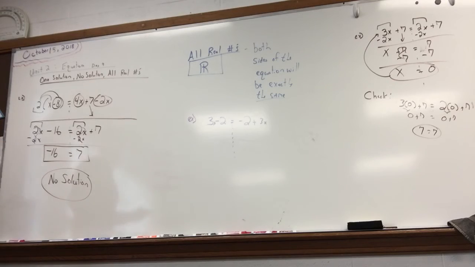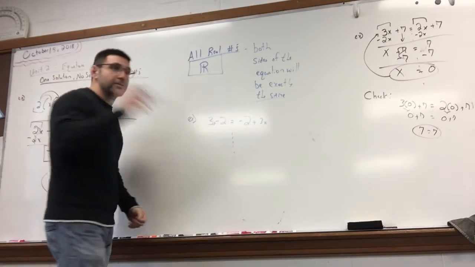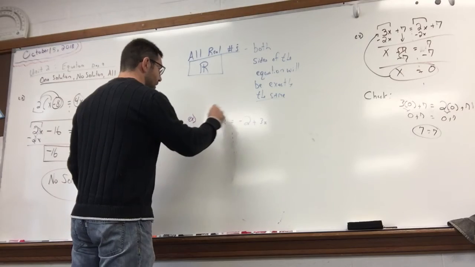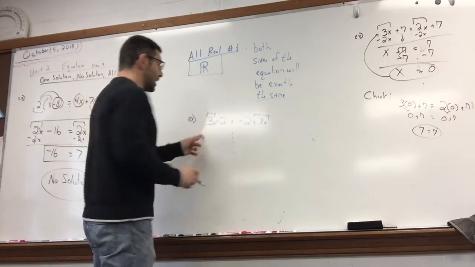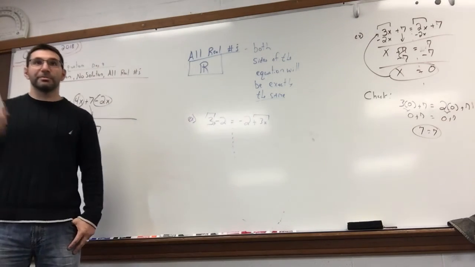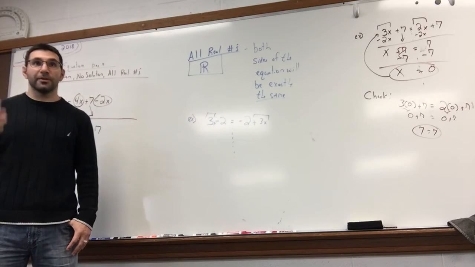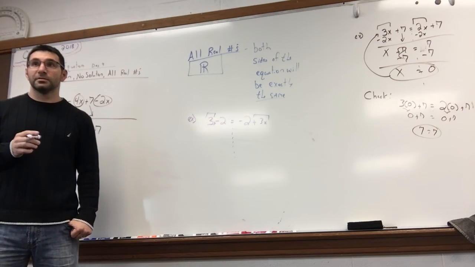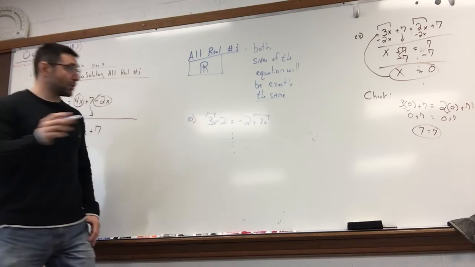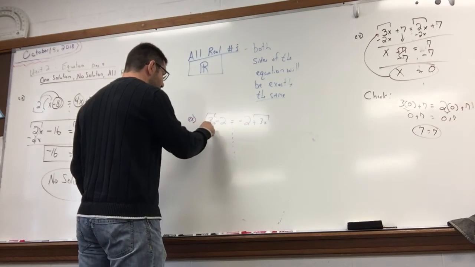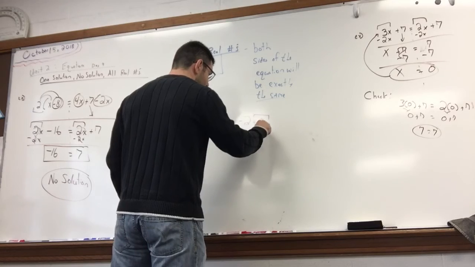I've got faith in you. Nothing to distribute, nothing to combine. But on opposite sides, I've got positive 3x's. Does everybody agree there? What do I need to do to combine my x's? If they're positive, we have to do what, Swill? Subtract. So I'm going to subtract 3x from both sides.